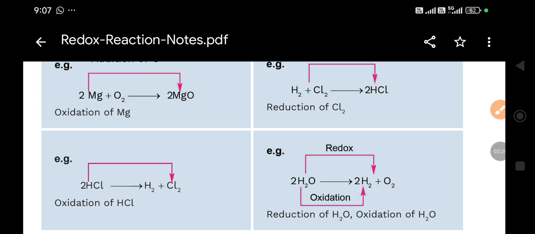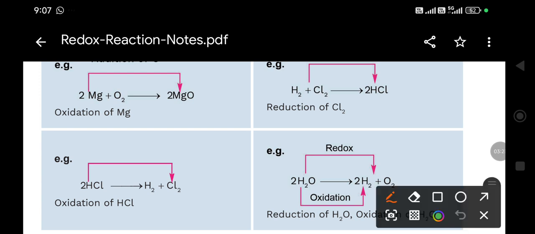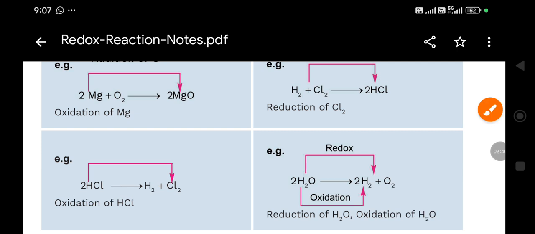Because hydrogen is removed from HCl and it turns into Cl2. There is loss of hydrogen from HCl, so this is an oxidation reaction. As I told you earlier, oxidation and reduction both take place simultaneously. That is why it is called a redox reaction.